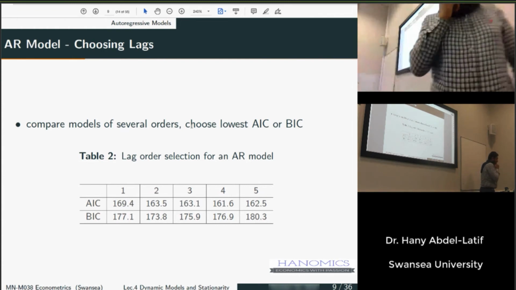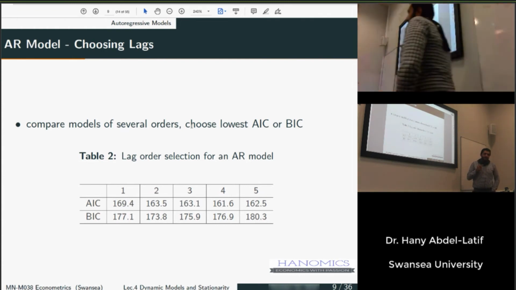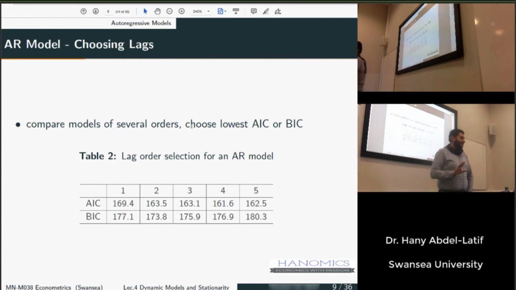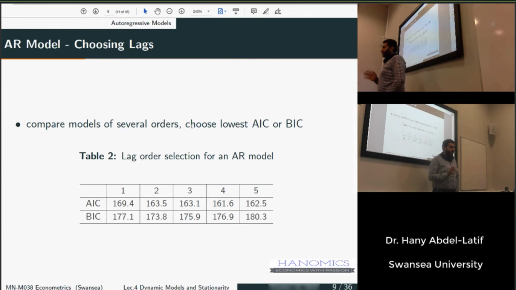But anyway, if I have monthly data and I estimated the model including only 1 lag, I'll be surprised if there's no serial correlation. So the frequency of your data is important as well. If you have annual data and you included one lag, I would understand.